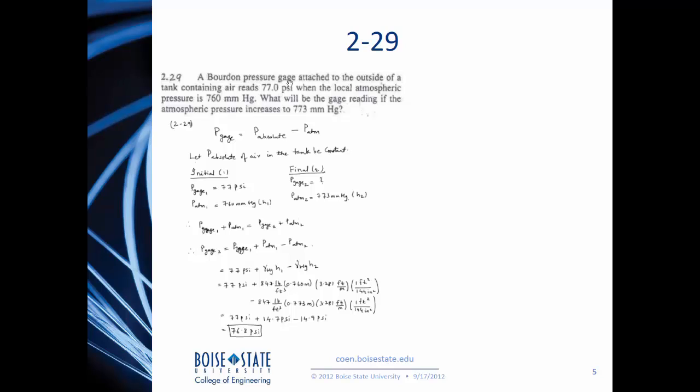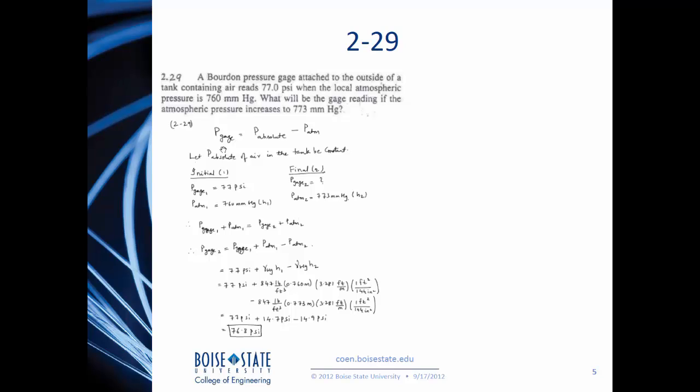A Bourdon pressure gauge attached to the outside of a tank containing air reads 77 psi when the local atmospheric pressure is 760 mm of mercury. What will be the gauge reading if the atmospheric pressure increases to 773 mm of mercury?